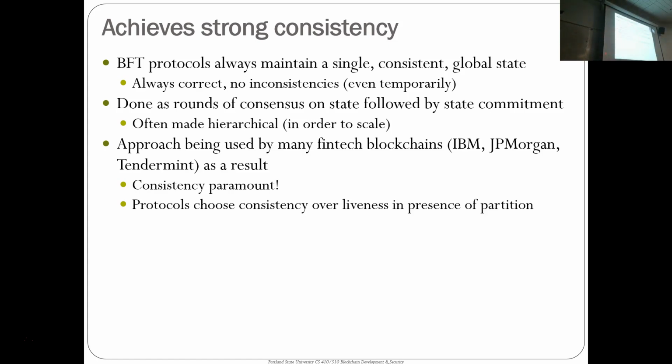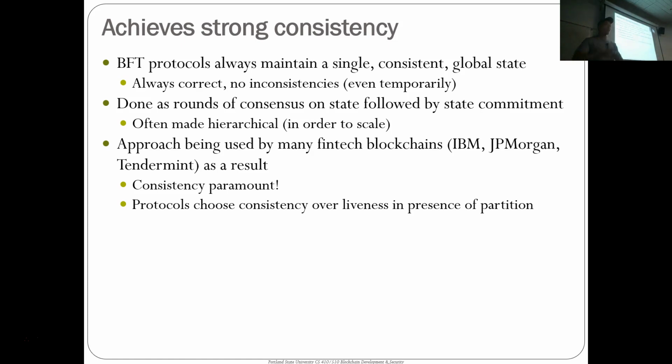BFT protocols are an approach that are being used by all the financial tech blockchains, because you cannot afford inconsistency when you're dealing with monetary transactions on the back end, right? You must have the thing be consistent, otherwise nobody's going to use your thing. Okay, so in this case, these BFT protocols are used because they're always choosing consistency over liveness whenever the network is partitioned.